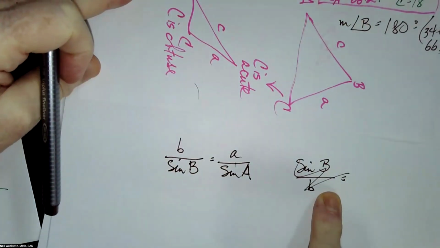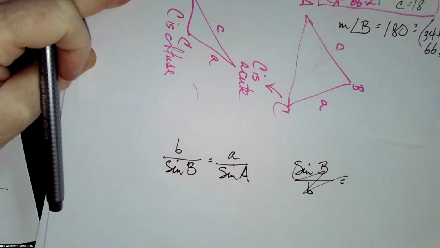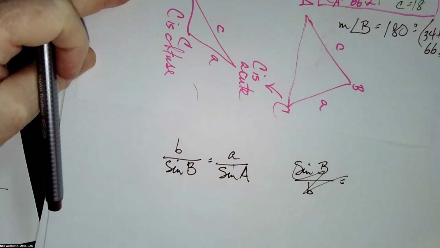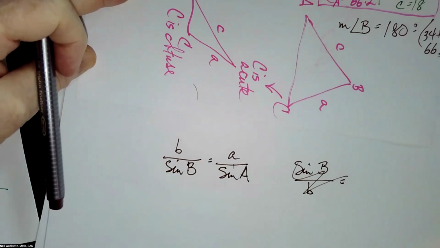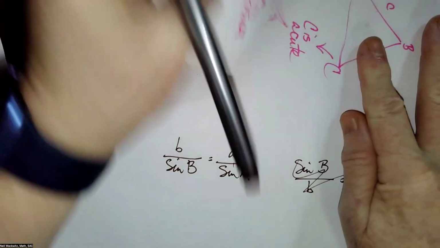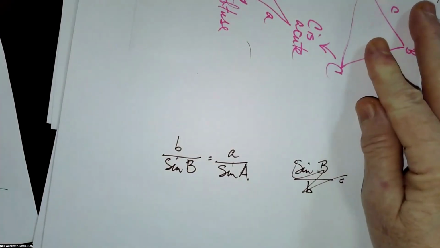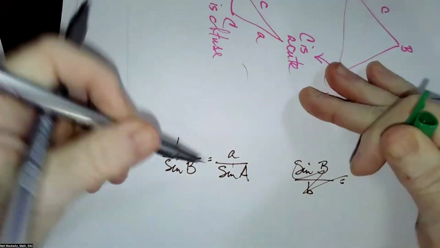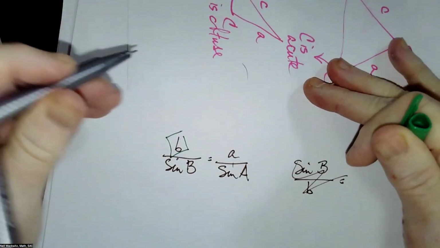I mean, this is not wrong, but why is writing little b on top easier? Is it to keep your constant on the top? Yeah, because it's easier to multiply than to divide. So we're keeping the thing we're looking for on the top. Here we're looking for little b.